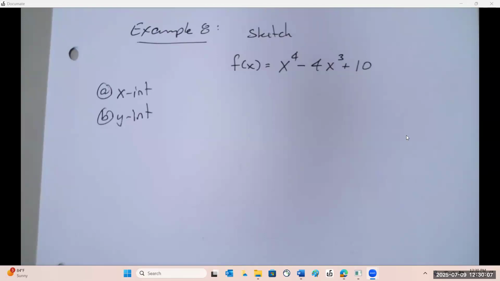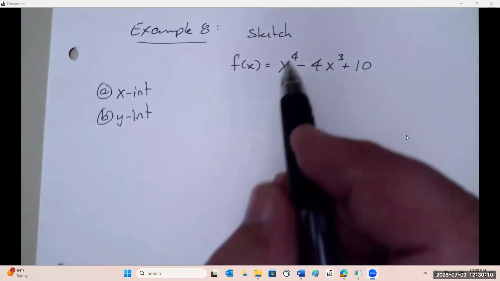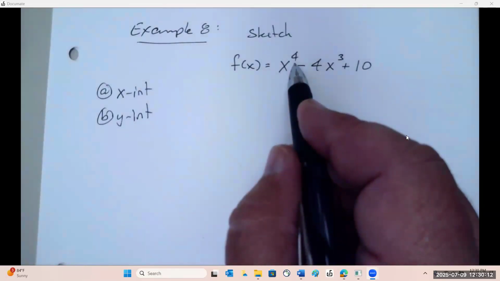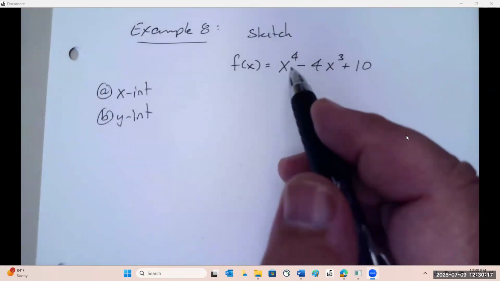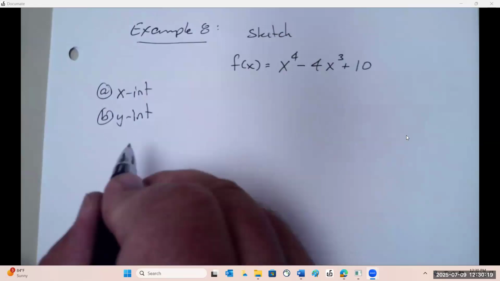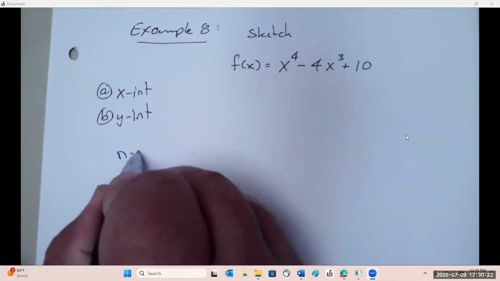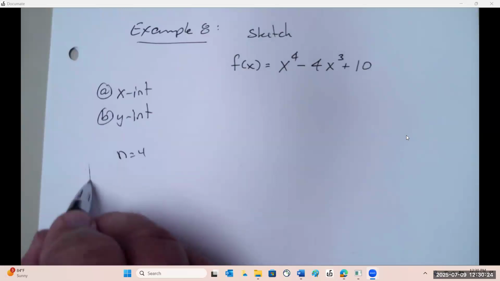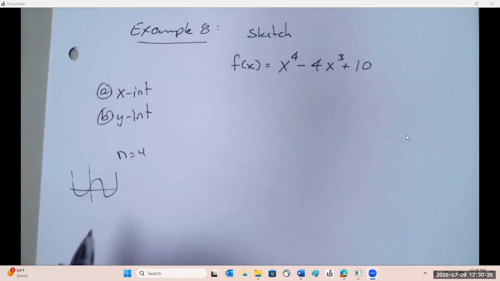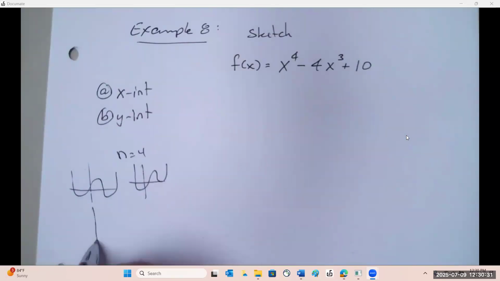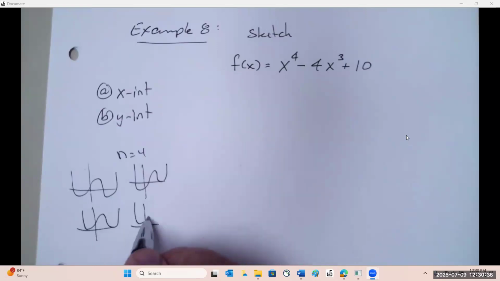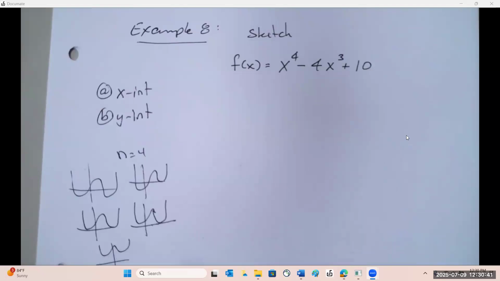What degree is it? How many solutions are we going to have? We're going to have at most 4 solutions. Remember, why do I say at most 4? Because if the degree is 4, we can have 4 solutions, 3 solutions, 2 solutions, one solution, or no solutions.